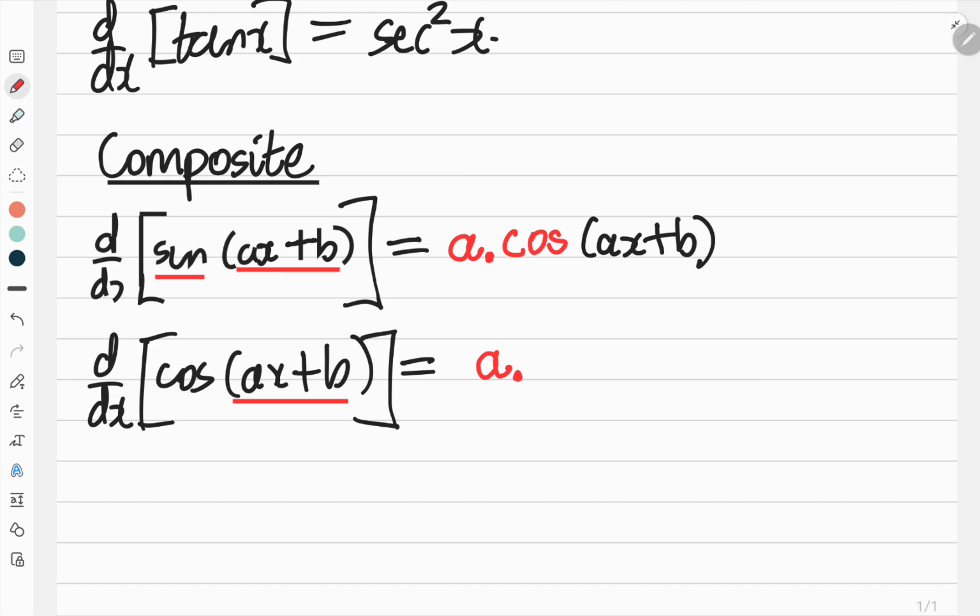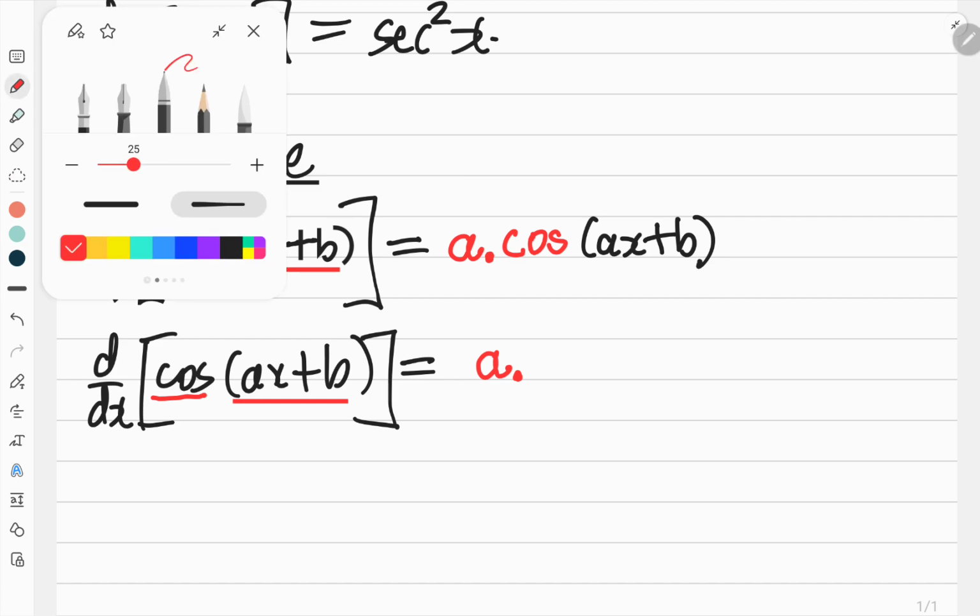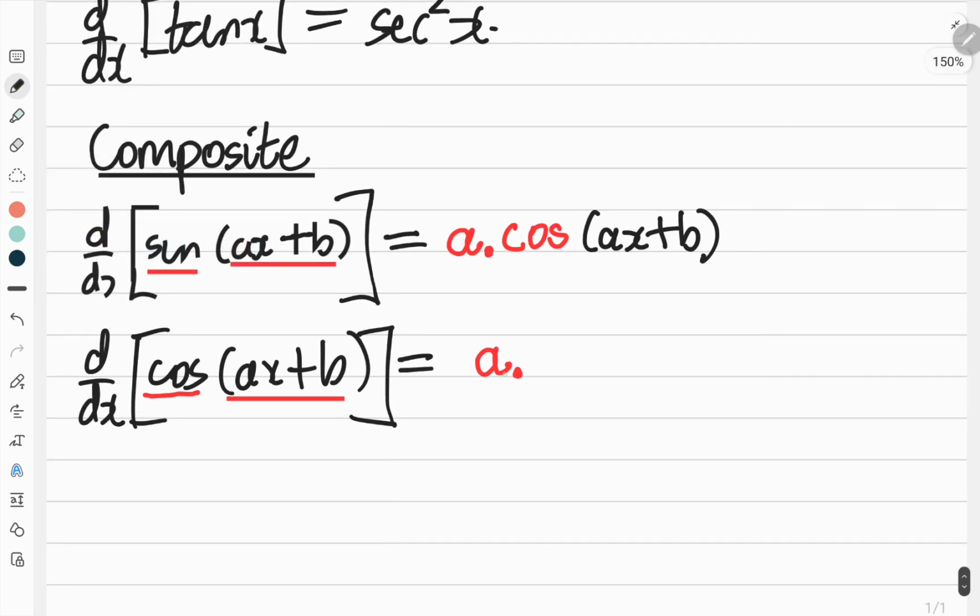Then multiplied by the derivative of cosine. The derivative of cosine is a negative sine, and the negative sign is multiplying with a right here, and it would give us negative a sine, and we bring back our angle as it was.